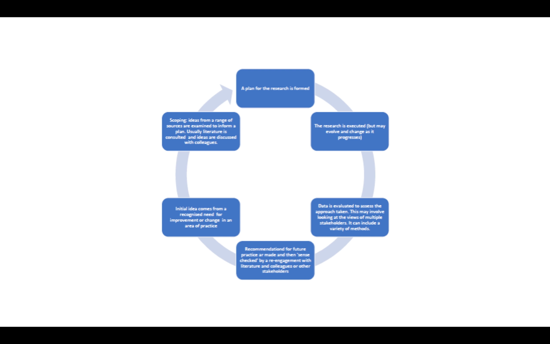Sorry, this slide's a bit blurry, but if you work clockwise from the top on this slide, you will see that one point. This is an action research cycle, and one of the key aspects about this kind of cycle, which differs from a purely self-reflective cycle, is that we gather data. So the third point round on the cycle here, data is evaluated to assess the approach taken. This may involve looking at the views of multiple stakeholders and can include a variety of methods.